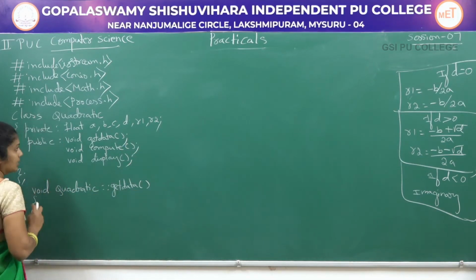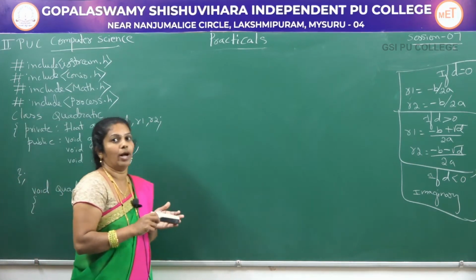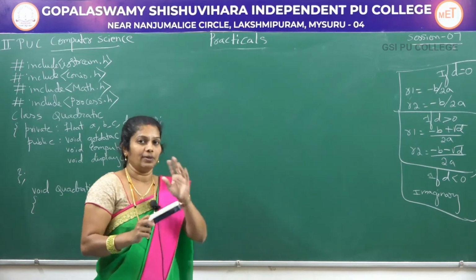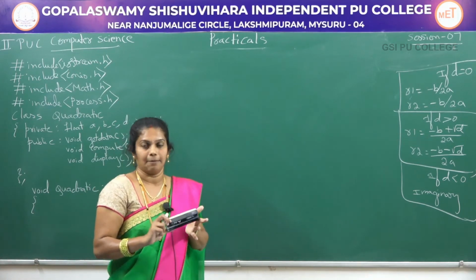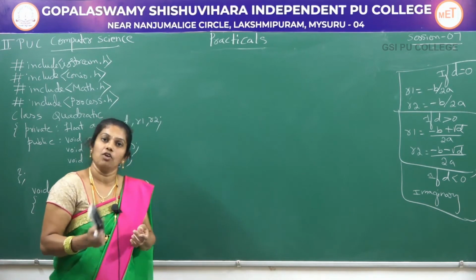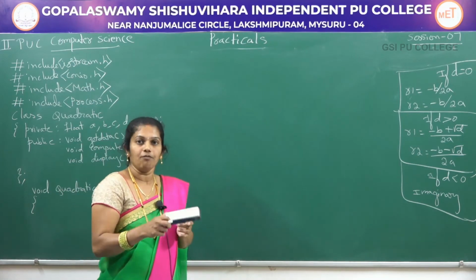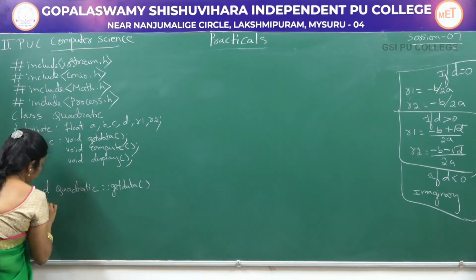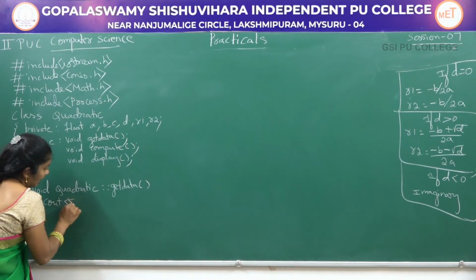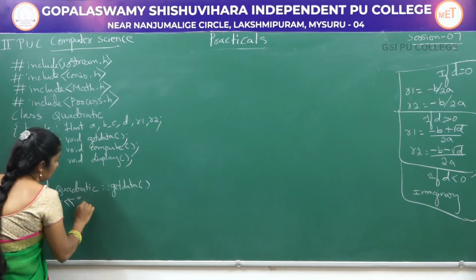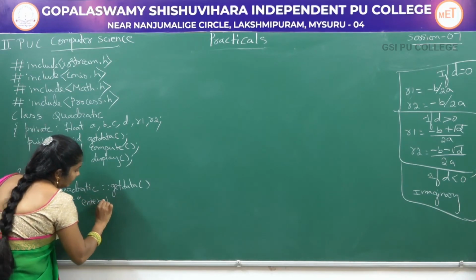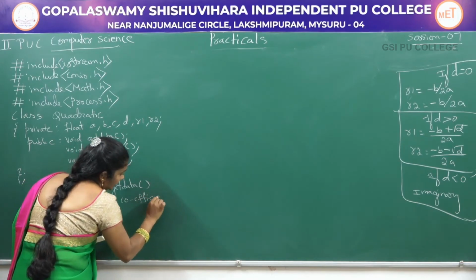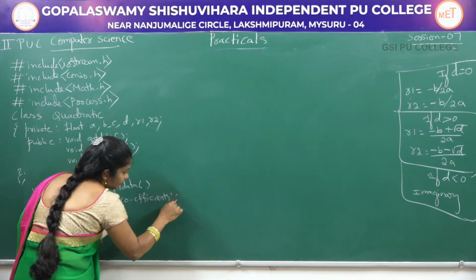Now, which variables do we require to calculate the discriminant as well as root 1 and root 2? For that we require 3 variables A, B, C. If you want, you can write enter the value of A, B, C. Otherwise you can write enter the coefficients. Cout, insertion operator, inside the double quotes write enter the coefficients.